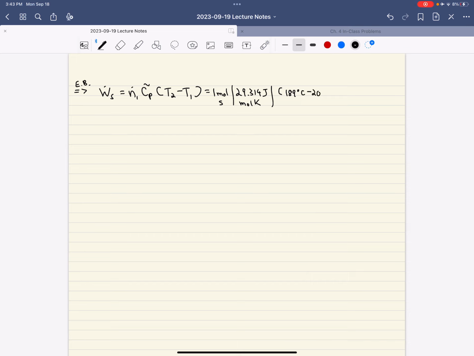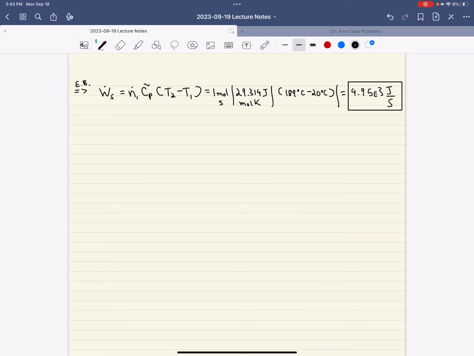Celsius minus 20 degrees Celsius. We get about 4.95 times 10 to the 3 joules per second. Or another way to say it is it's about 4.95 kilowatts of shaft work that's needed in order to compress this air.